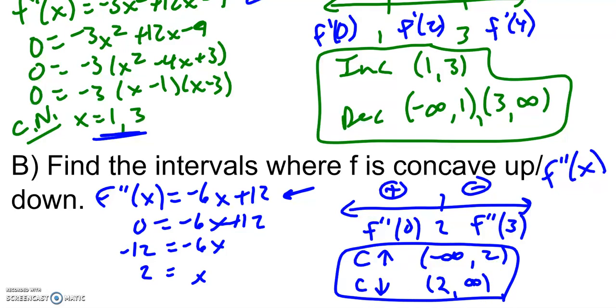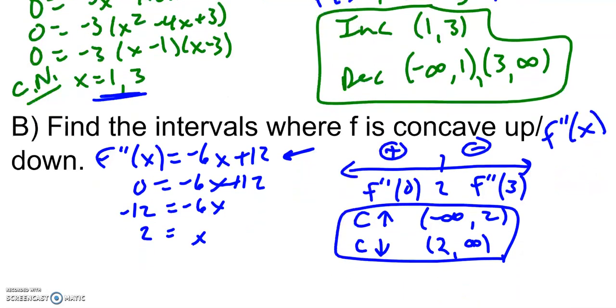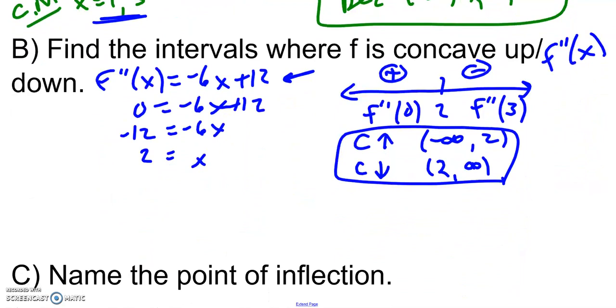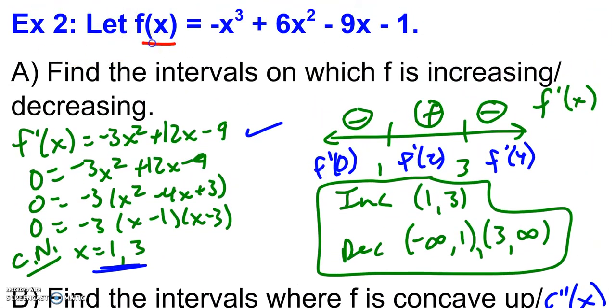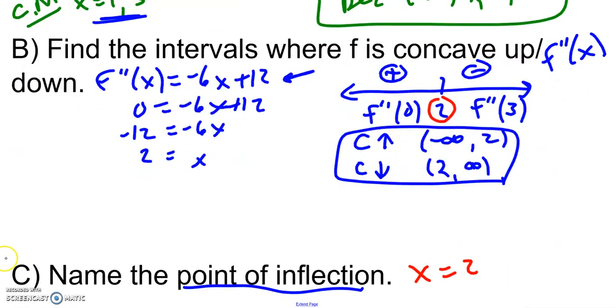So this tells us that we have a point of inflection at 2. This is going between concave up to concave down, so our point of inflection is at 2. So to actually find our y value, we're going to plug that into our original function here. So to find my y value, I have to plug in f of 2.